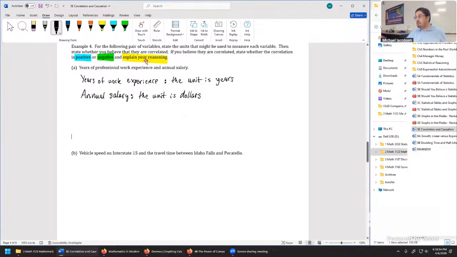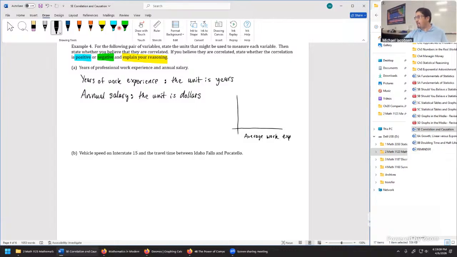So if you said something different, but you gave me a really convincing explanation that fits the angle you're looking at this in, I would accept that as a full answer if this was ever a quiz or an exam question. But let's visualize it like this. Let's suppose we have a graph that goes like this, average salary, or excuse me, average work experience going one way.